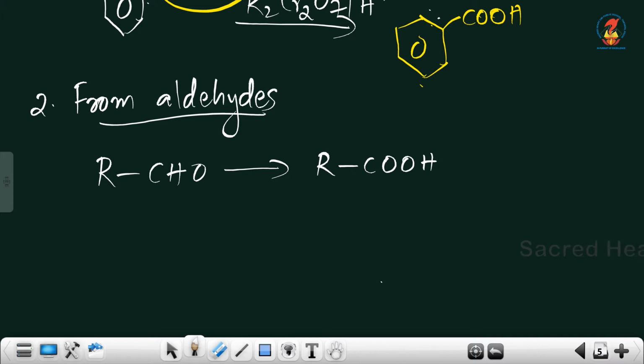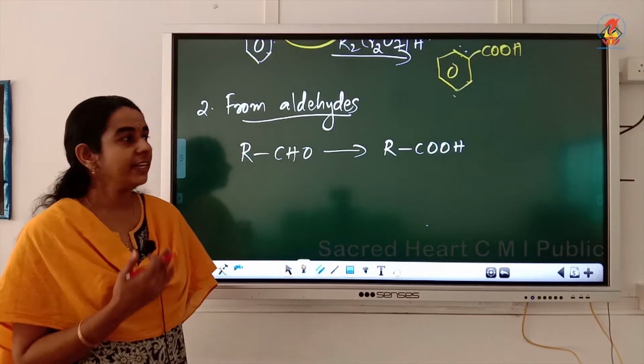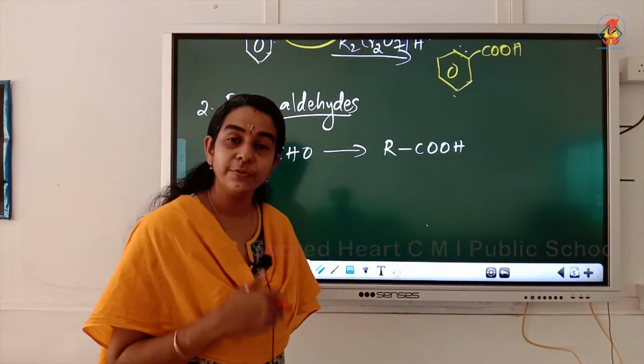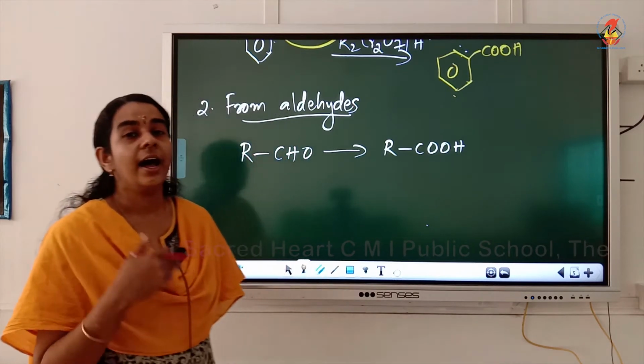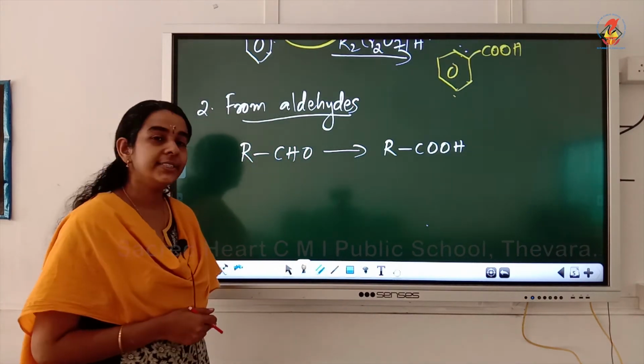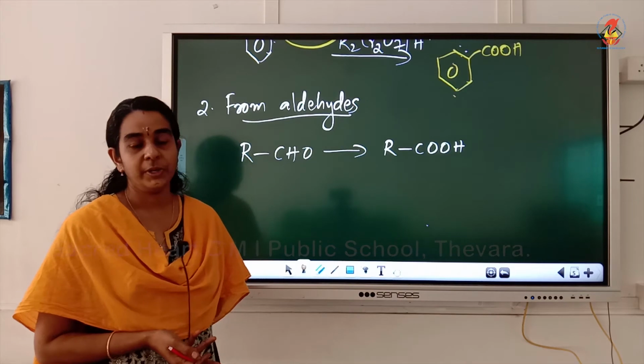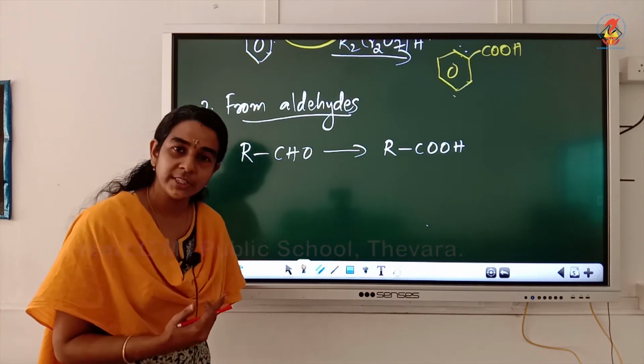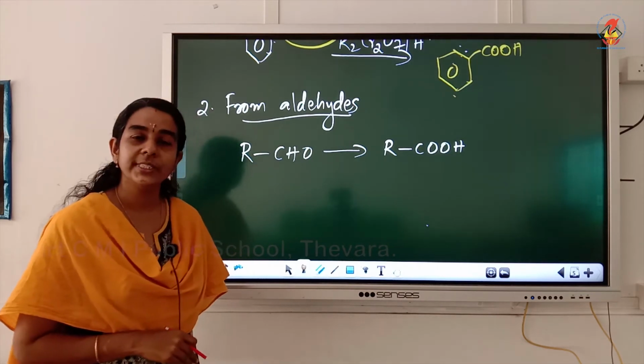Yes, this we have also already studied. Aldehydes by oxidation we can convert to carboxylic acid, and for this oxidation we can use either a mild oxidizing agent or a strong one, because aldehyde always on oxidation gives carboxylic acid.